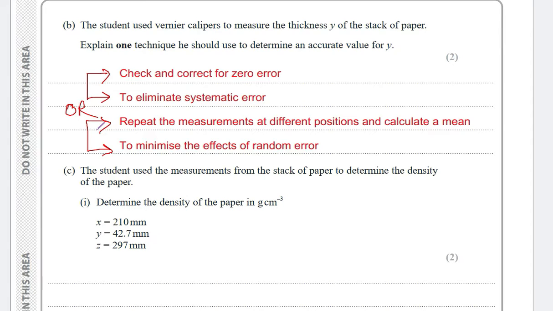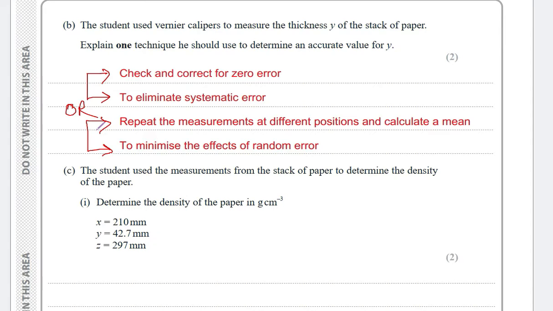Either one works. What you cannot do is pick points from the pairs and mix them up. You either have to talk completely about systematic error or completely about random error. You cannot be mixing up points from these two concepts.